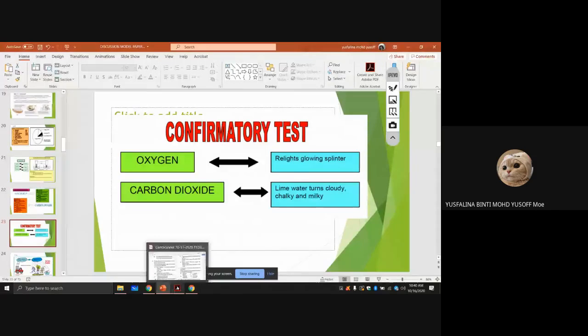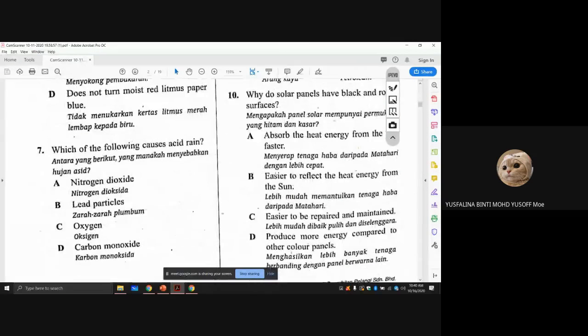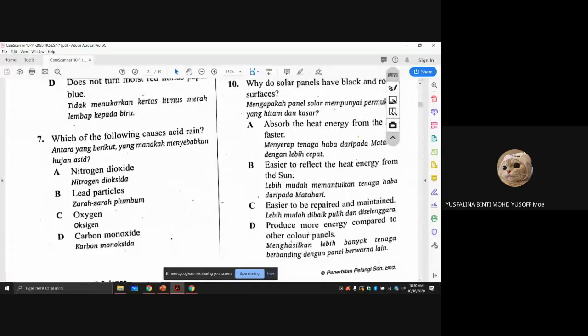Next one. Number 7. Which of the following causes acid rain? Acid rain is caused by nitrogen dioxide. When nitrogen dioxide dissolves in water, it produces nitric acid.